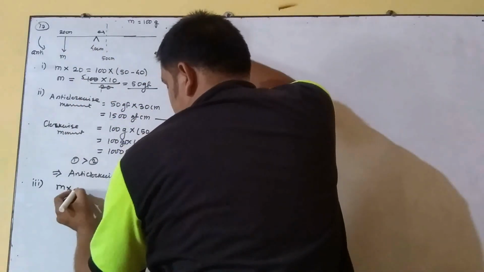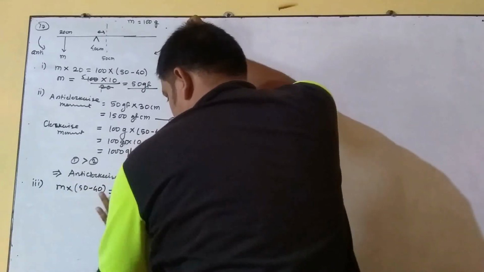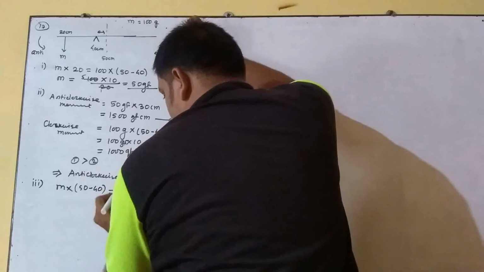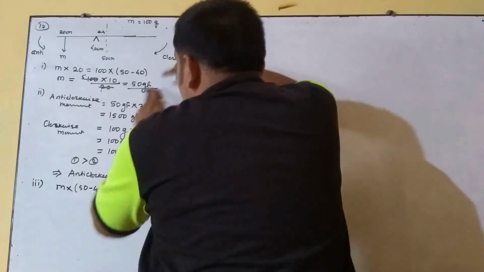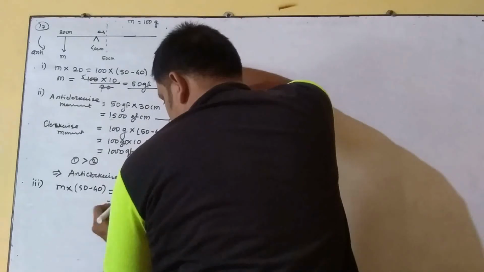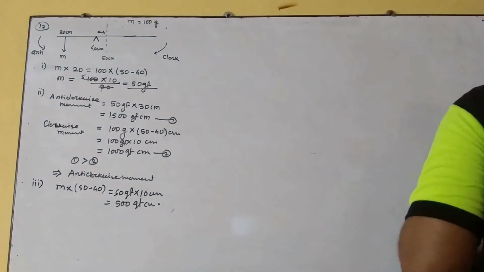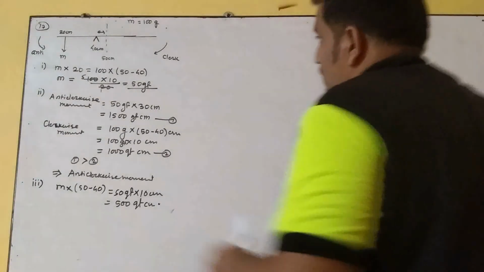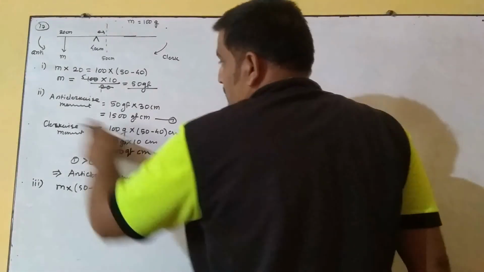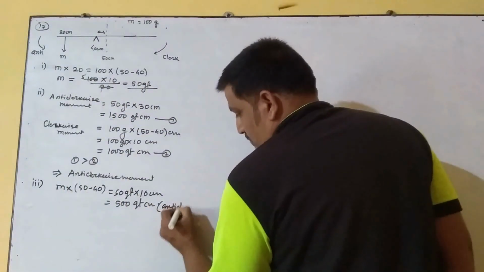So mass into 50 minus 40 centimeter, which is equal to 50 GF mass that we found in the first, multiplied by 10 centimeter, which gives us 500 GF centimeter. And of course, here we are seeing it is in anti-clockwise manner.